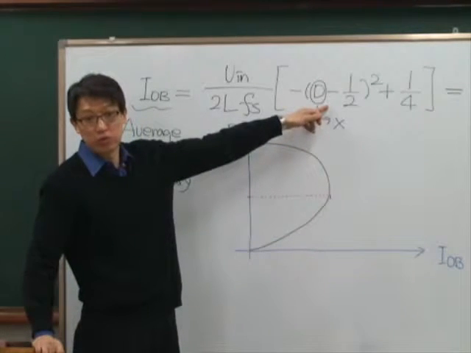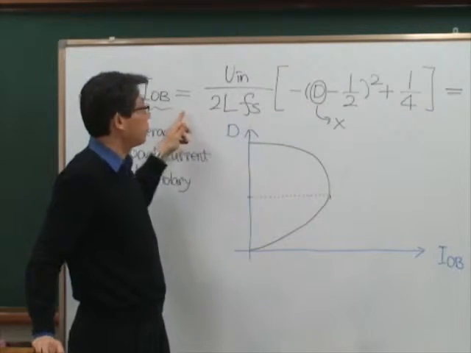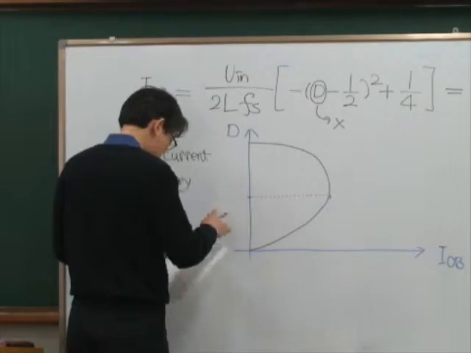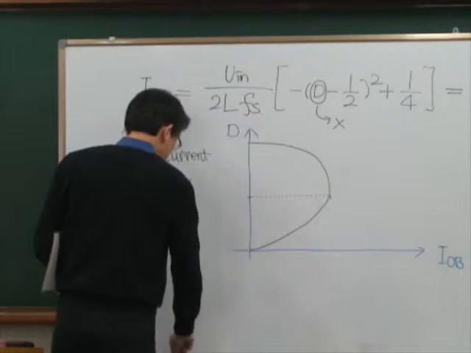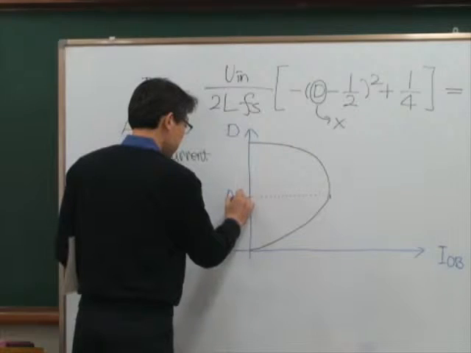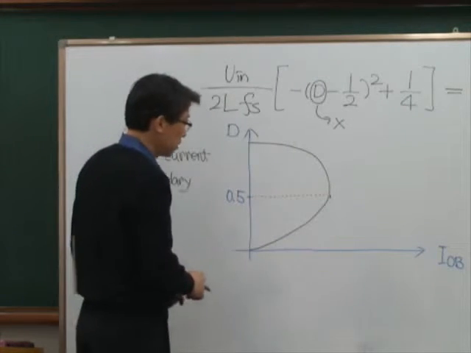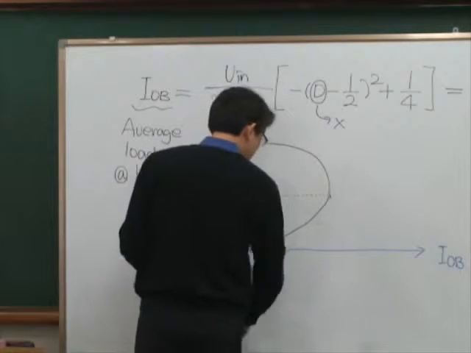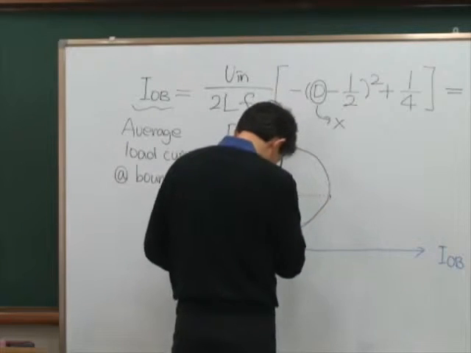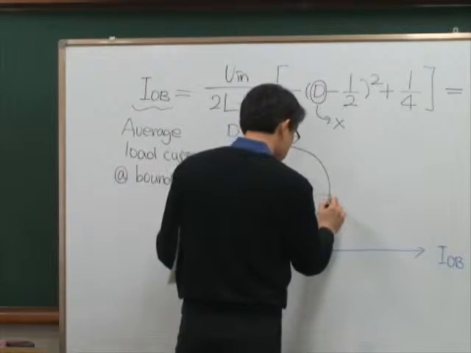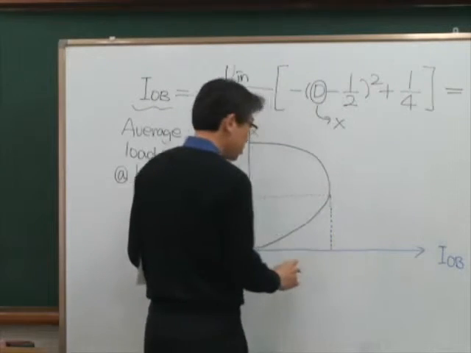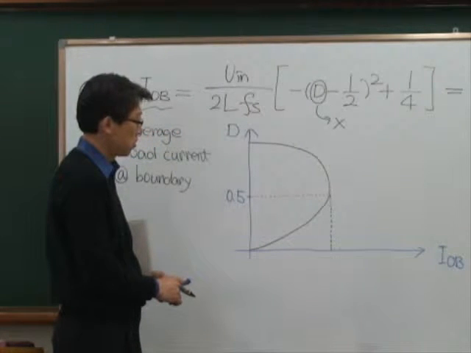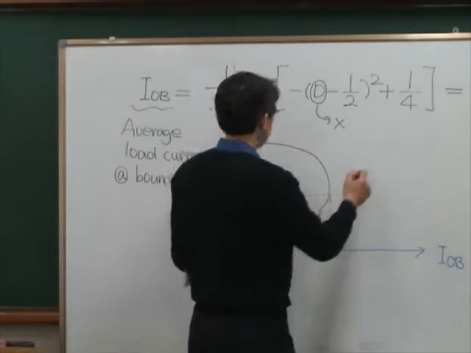When D is equal to half, then everybody knows that IOB will take the maximum value, right? So this is going to be 0.5, okay? And this value is maximum. How much is maximum? Let's compute the maximum first.